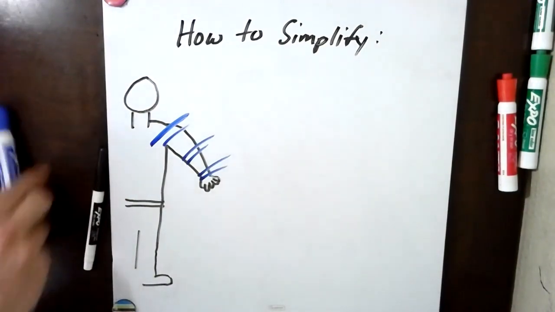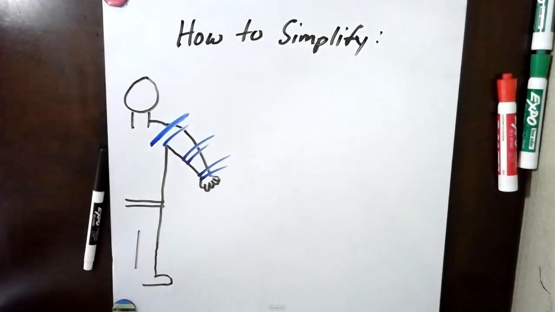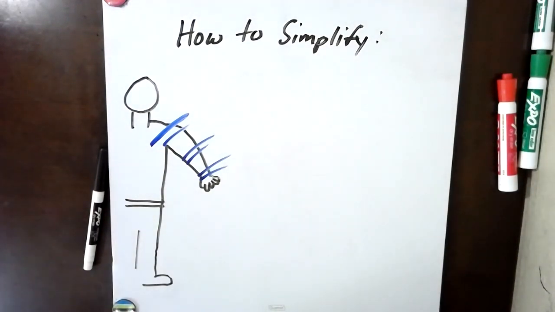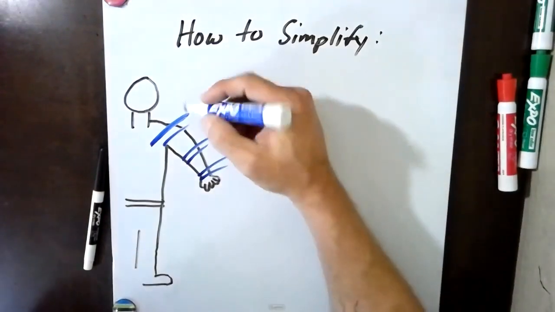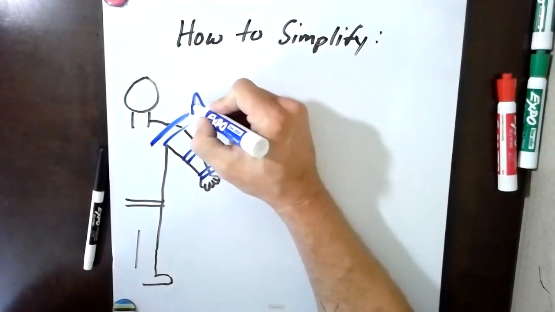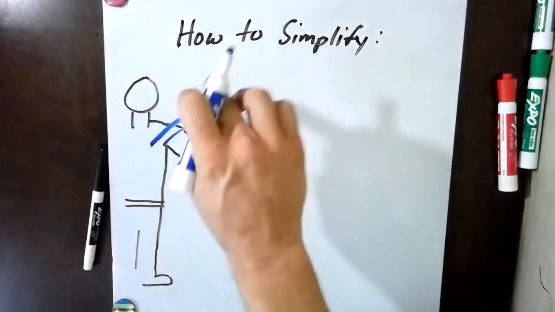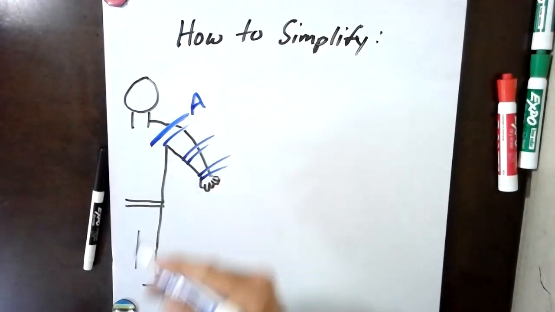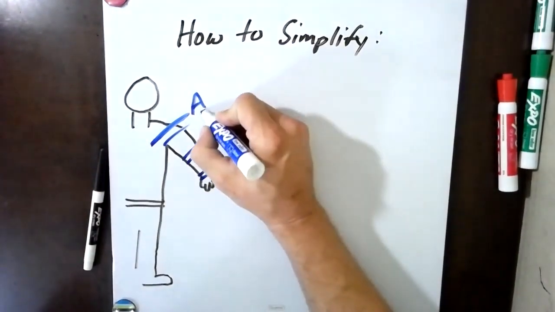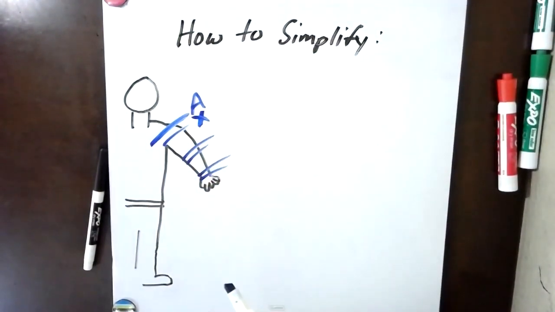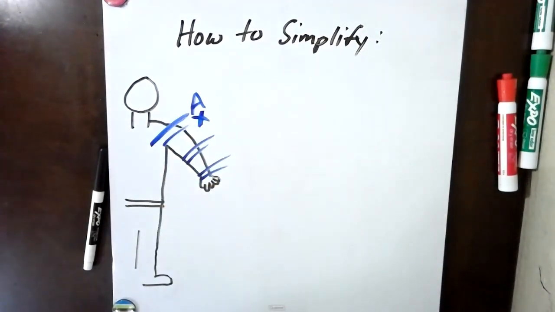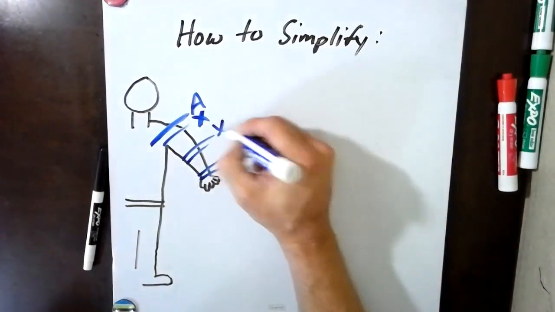So now let's look at it. The shoulder is made up of 2 surfaces. One of them is the glenoid fossa. We've already identified that as a concave surface, and we'll use an A just for simplification. The head of the humerus is convex, where we'll use an X to represent that. And the elbow: the distal end of the humerus is convex.